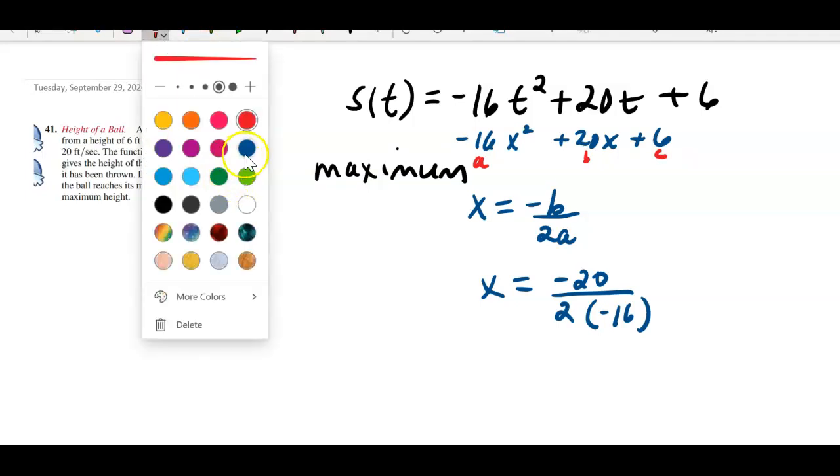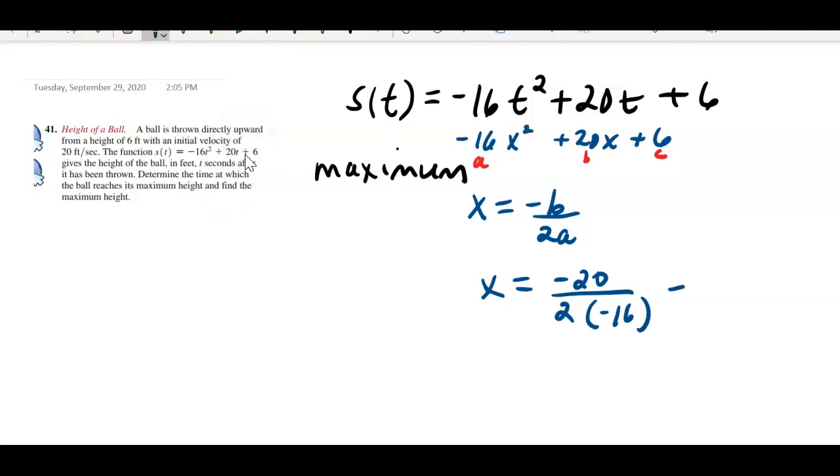All right, so we'll just do the math to simplify. We have negative 20 divided by negative 32. So x equals positive 20/32, and we can go ahead and write it in decimal form.